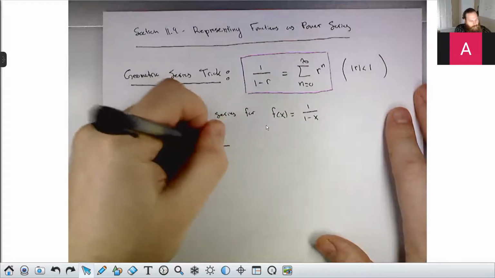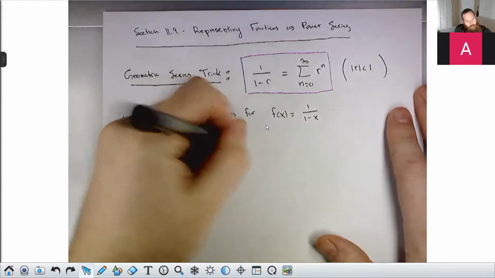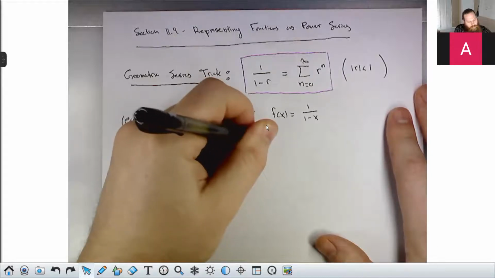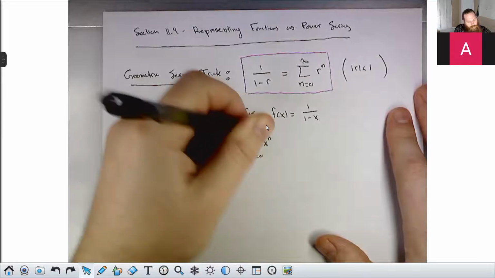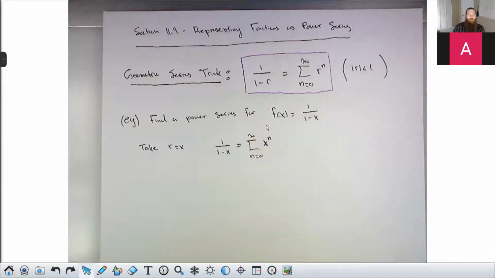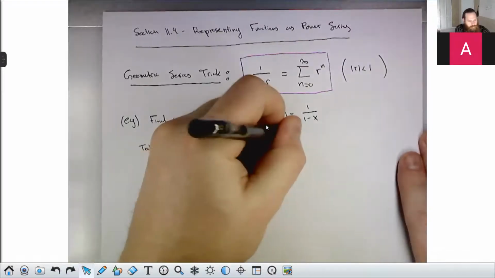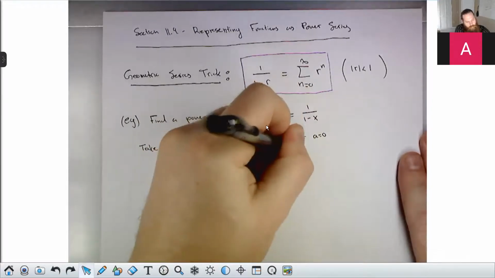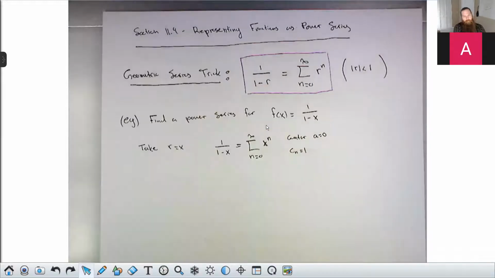And you see 1 over 1 minus x has to be sigma n from 0 to infinity x to the n. That's it. That's the power series for that function. So here the center is 0 and the coefficients Cn, they're all just 1. And it's boring. It's just plugging in, taking this formula and plugging in x for r.